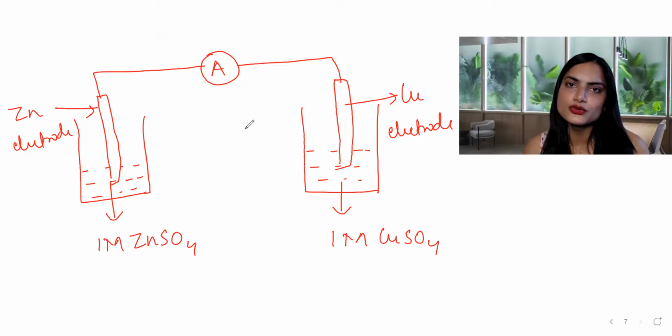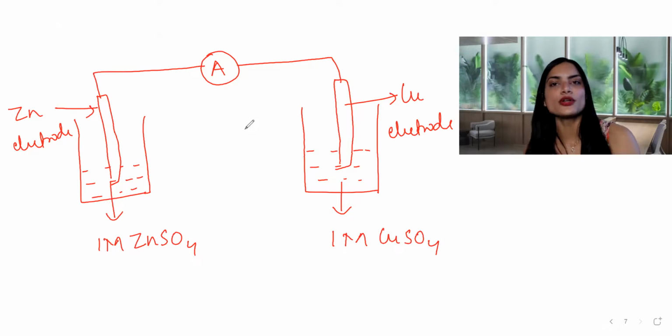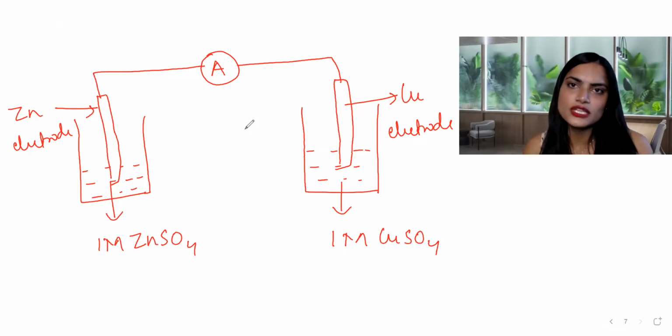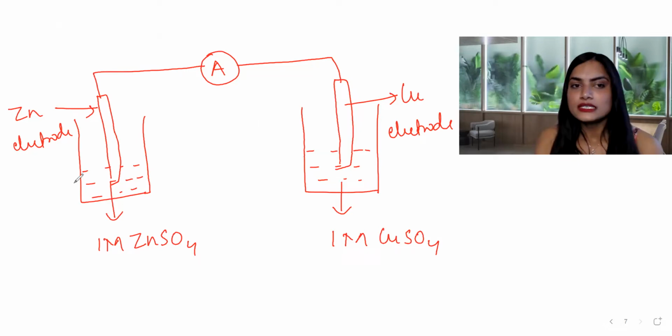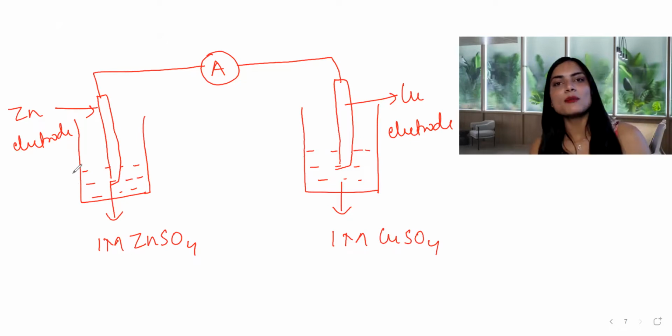How will you check whether current is flowing or not? You can check with the help of an ammeter, right? The circuit is completed externally, because these two metal electrodes are connected to each other through a wire, and the ammeter is also put in, just to know whether the current is flowing or not.